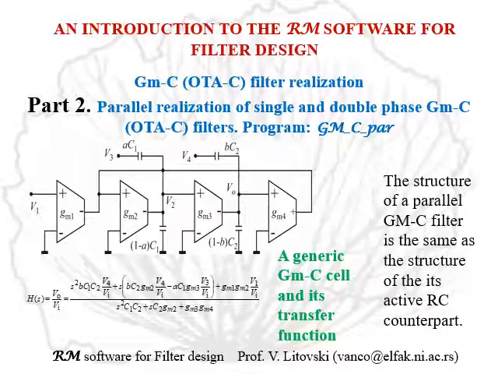The structure of a parallel connection is the same as for the active RC counterpart, so it will not be given here. But what we see on the left-hand side is a cell which, depending on the connection of the nodes V3 and V4, may become anything of a second order, starting with low pass and ending with band stop and high pass.